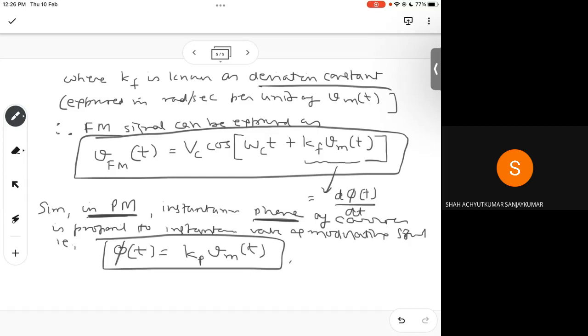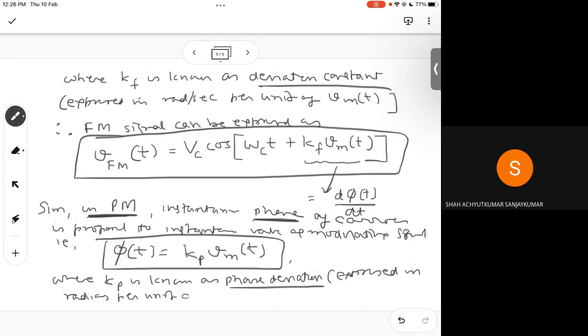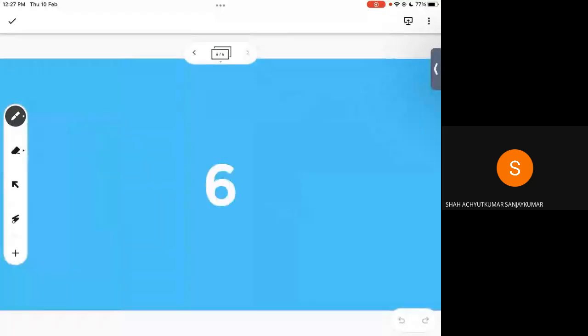Now, my kp is known as the phase deviation constant, just like we have defined kf as the frequency deviation constant, and it is expressed in radians per unit of vm(t). And therefore, just like we have expressed the FM signal in this form, Vc cos(ωct + kf vm(t)), I can follow the same lines.